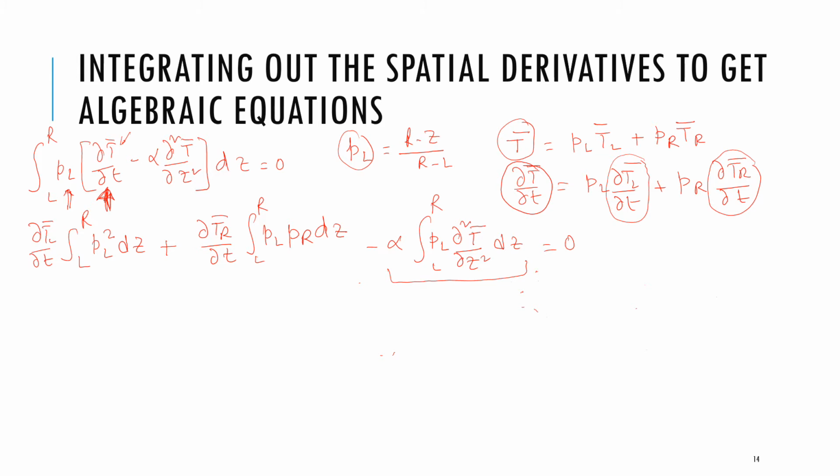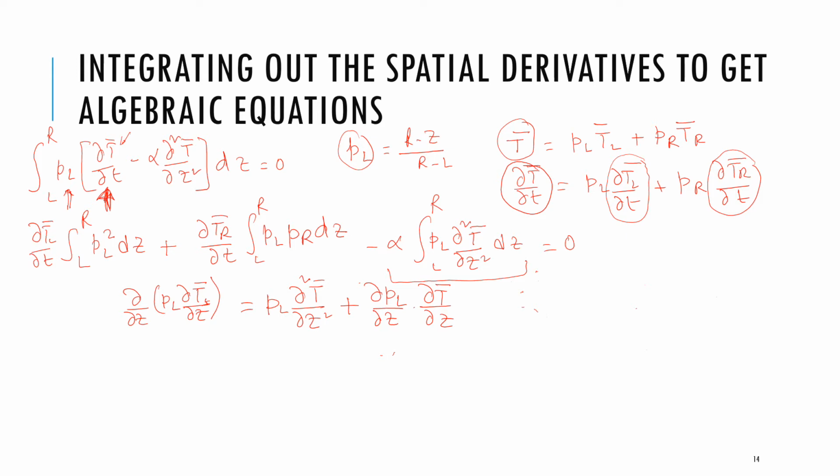Okay, so to convert this second term, you see I can write del Z of PL del T bar del Z is equal to PL del square T bar del Z square plus del PL del Z times del T bar del Z.